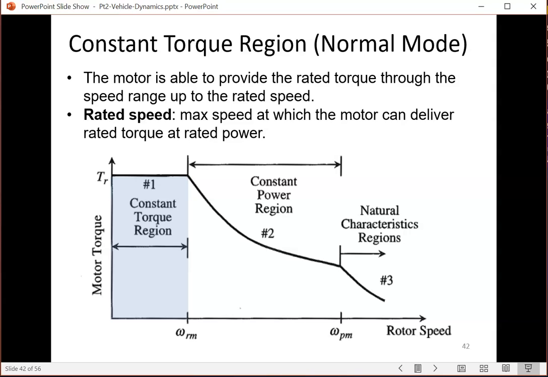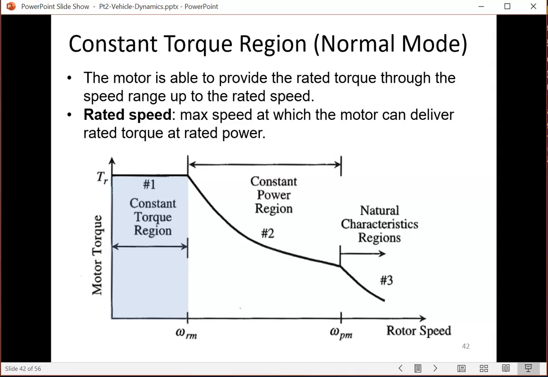So at lower speed, all the other issues are not critical. It is the limit of the electrical current fed into the motor that limits the maximum torque available. Too much torque or too much current, you are risking copper loss, that's going to increase the heat because the current generates heat on resistances.